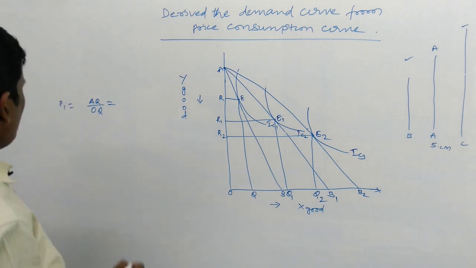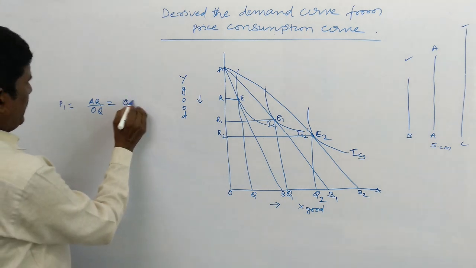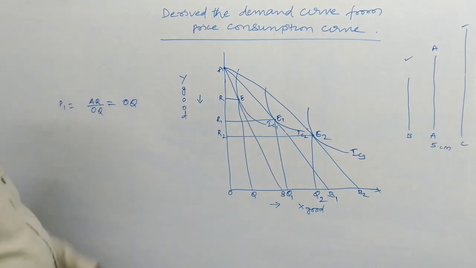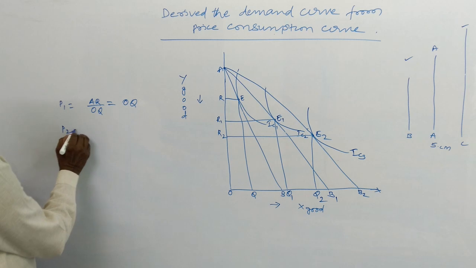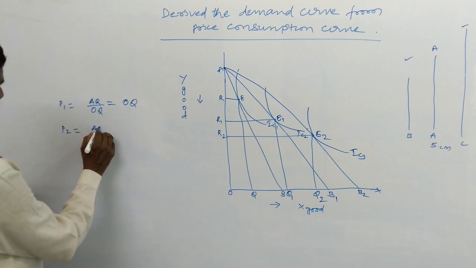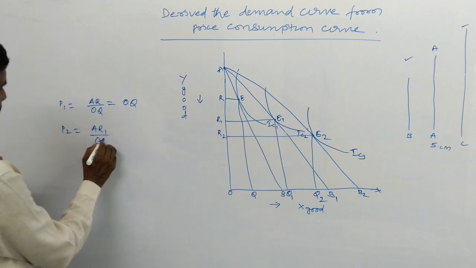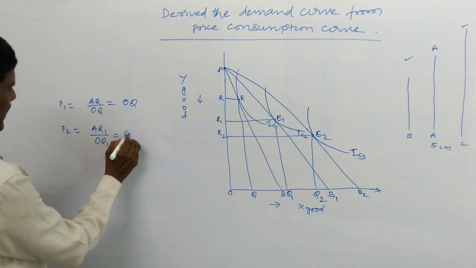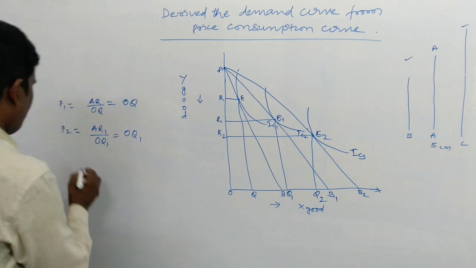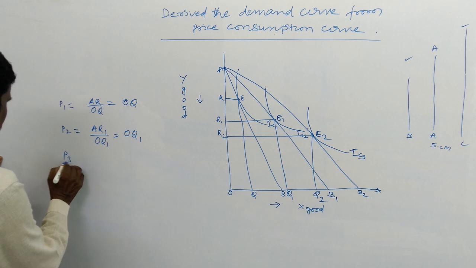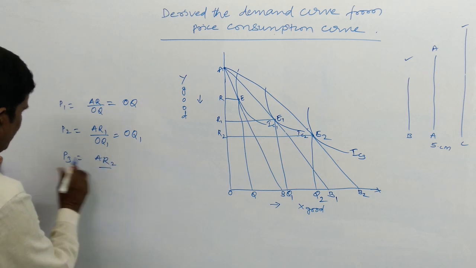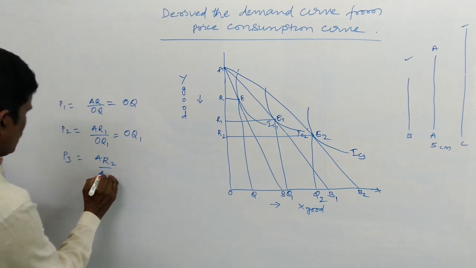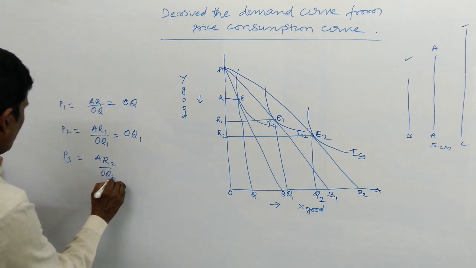Then P2 is AR1 by OQ1. Then P3 is AR2 by OQ2.